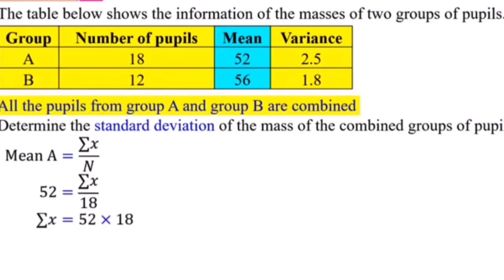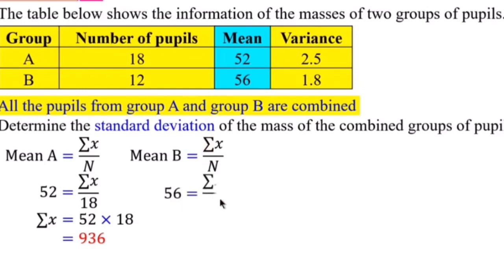First step is to find the total data for group A. Then by using the mean of B, we find the total data for group B. 56 equals sum of data divided by 12. The sum of data is mean times number of data, so for group B it is 56 times 12. The answer is 672.